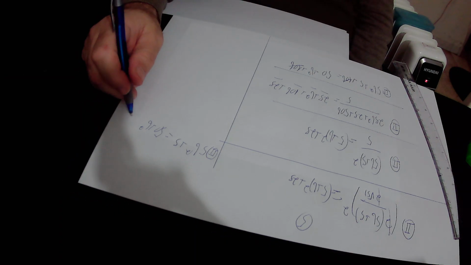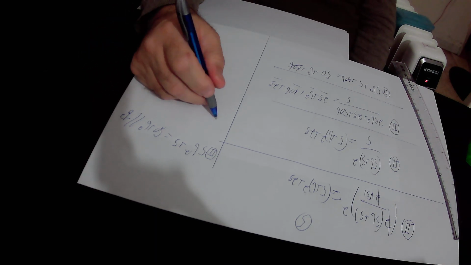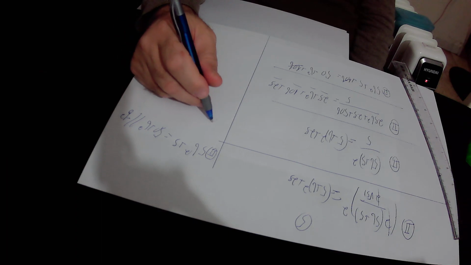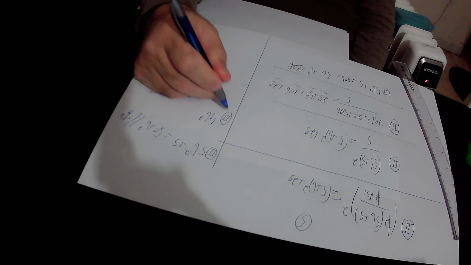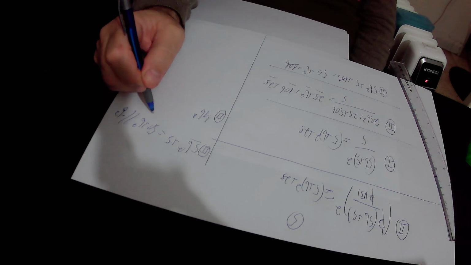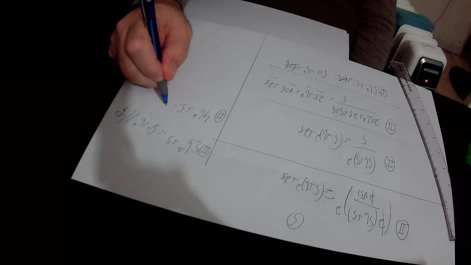Here we subtract b squared from equation number 2, and we get that 5b squared minus b squared is 4b squared, plus 5 equals 50.